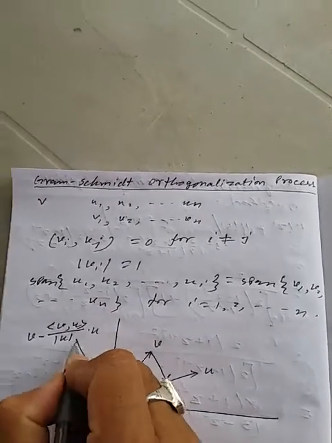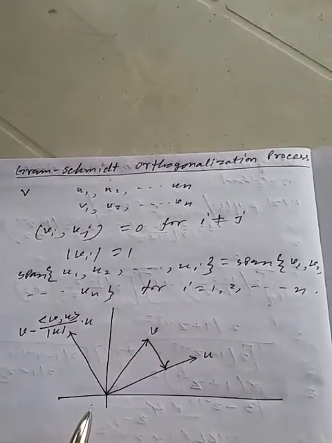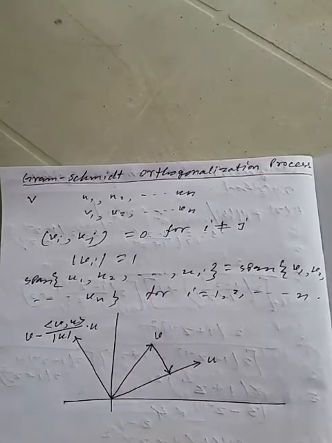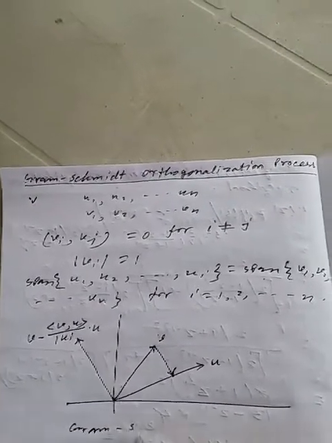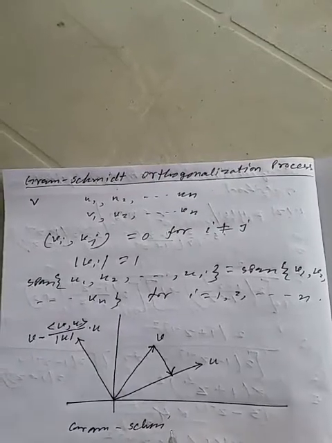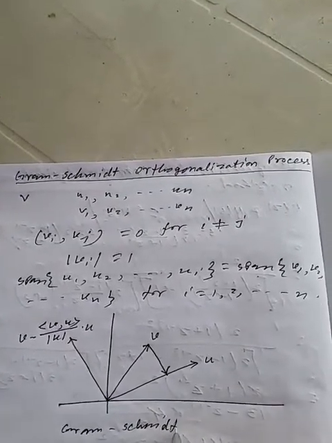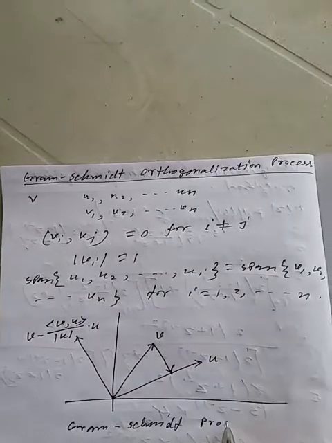So this is the projection vector here. This is basically the Gram-Schmidt process.